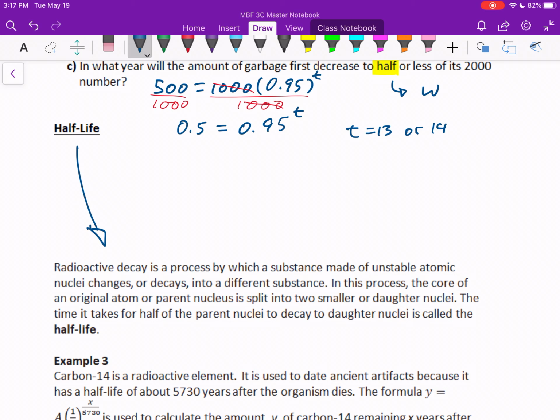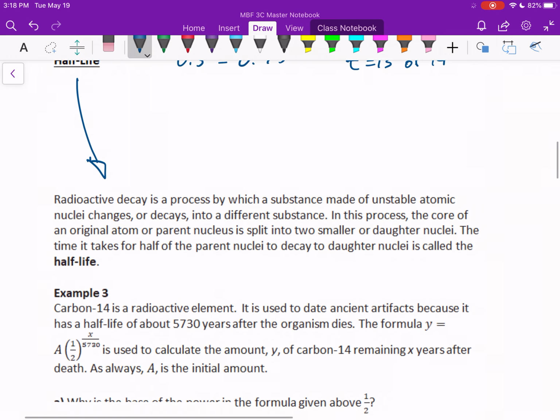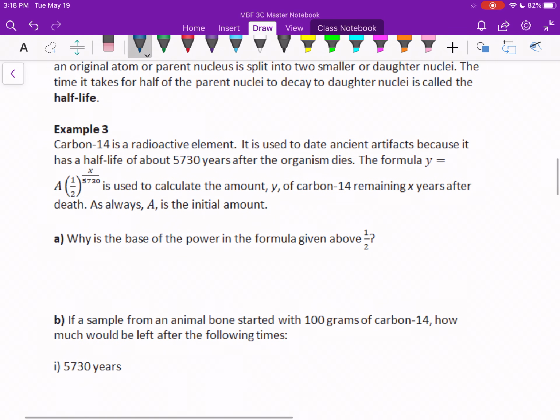The time it takes for half of the parent nuclei to decay to daughter nuclei is the half-life.